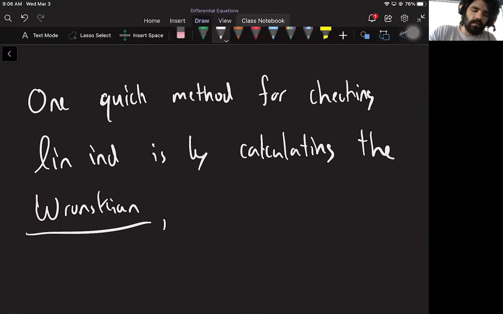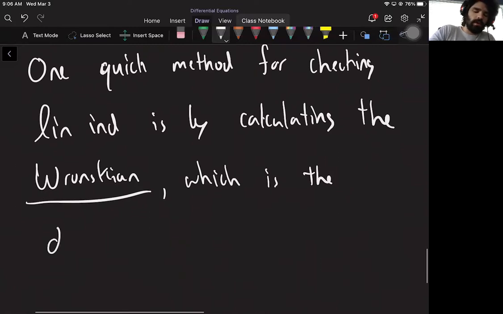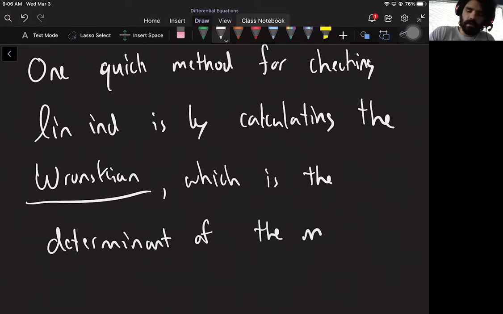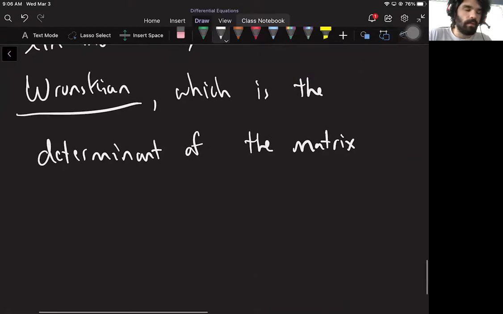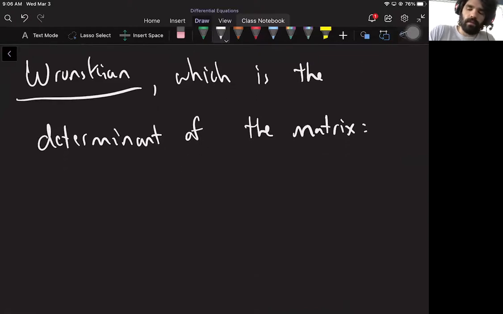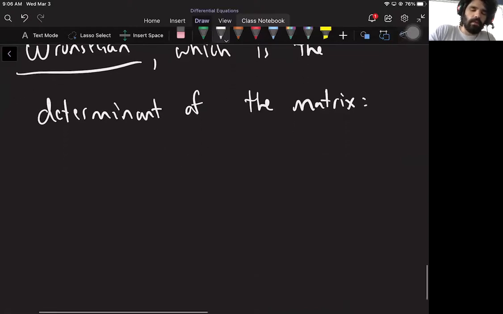Sounds very fancy, you may have seen it before, which is the determinant of some matrix. Now, linear algebra is not necessarily a prerequisite, as I said before. This is the kind of stuff you would learn in linear algebra, determinants. But we'll go through what we need.